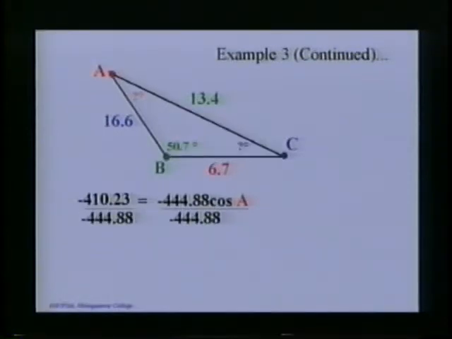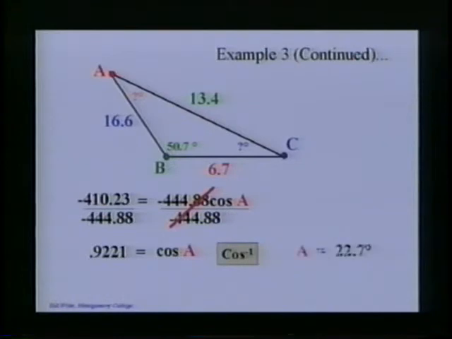He's multiplying, so let's divide. I divide this side, and on the other side it cancels, and I get cosine of a. So I can figure out what a is using my inverse cosine button. Inverse cosine of 0.9221 is 22.7 degrees.